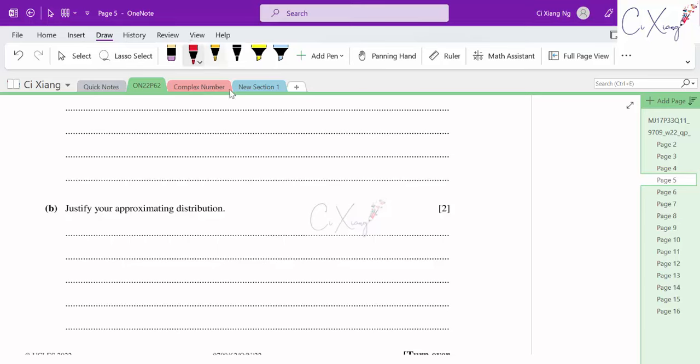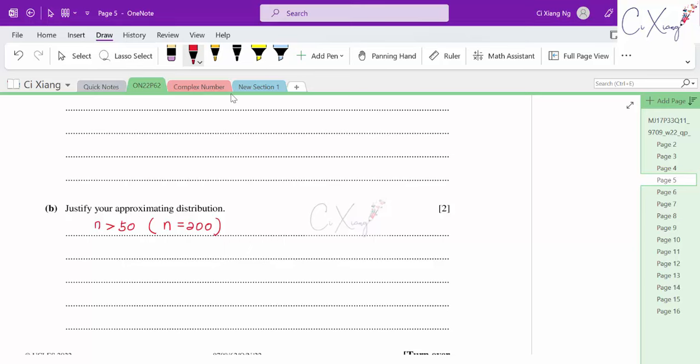Basically, for this approximation question, there are some criteria that we need to fulfill when we want to change one distribution to the other. For this one, we are changing from binomial to Poisson. When we change binomial to Poisson, the criteria are that n should be greater than 50, which fulfills here because our sample size is 200, which is more than 50.